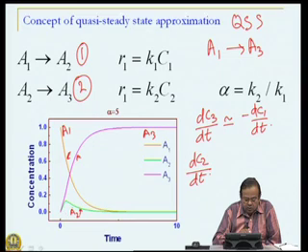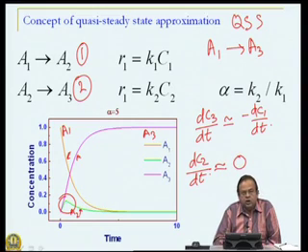It is in fact 0 for the majority of the time, with only small deviations in the beginning, which implies that we can approximate this as dC2/dt equal to 0. What is the condition dC2/dt equal to 0?